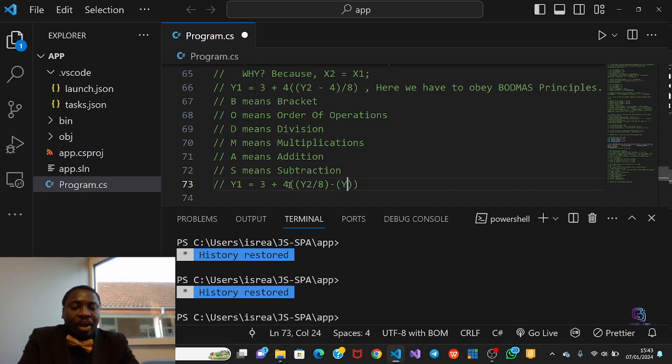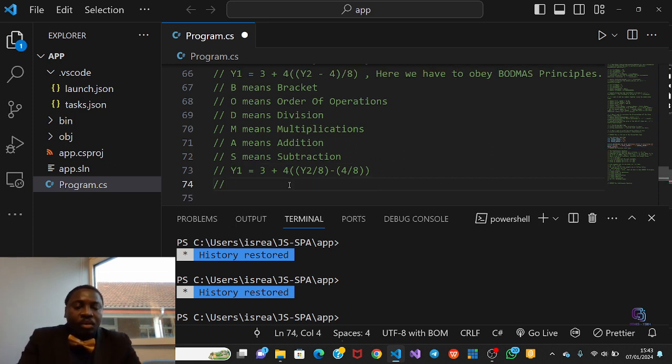In the brackets y2, sorry, that will be 4 now divided by 8. So that's another bracket. So with this, with the rules of addition and subtraction, we have the rule of bracket here and the rule of multiplication here. So I'm going to move to the next.